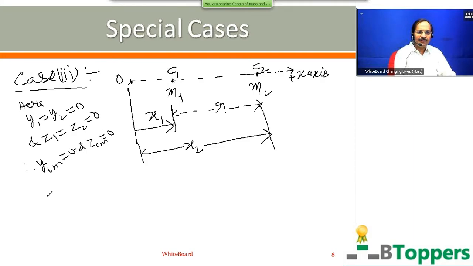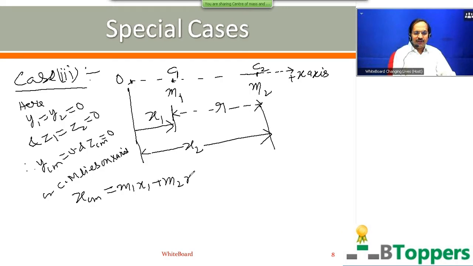That means the center of mass of the system of the 2 particles lies on the x-axis. That means in general, the center of mass of a system of 2 particles lies on the same straight line on which the particles lie. So the x-coordinate of center of mass is given by m1x1 plus m2x2 by m1 plus m2.